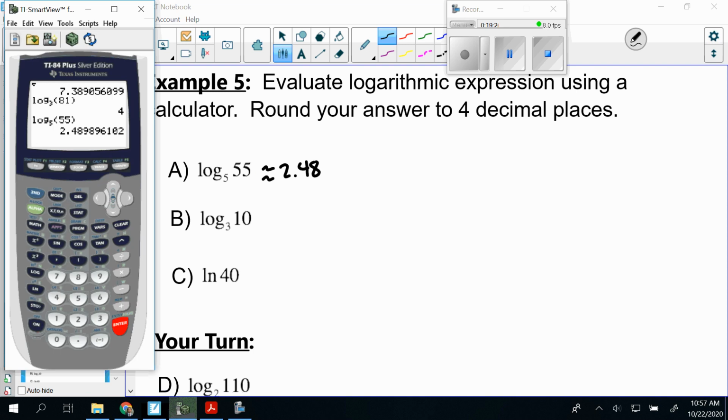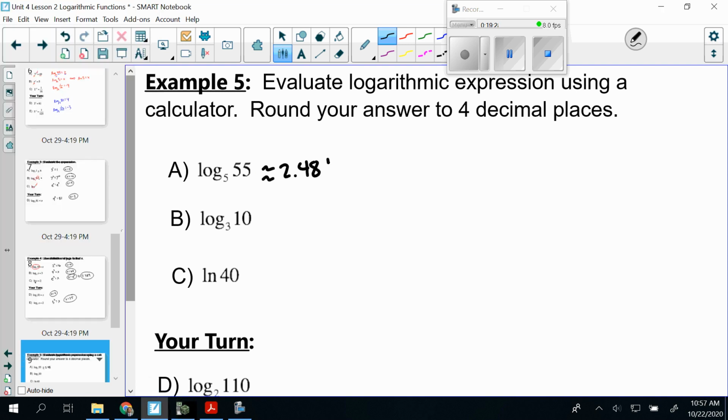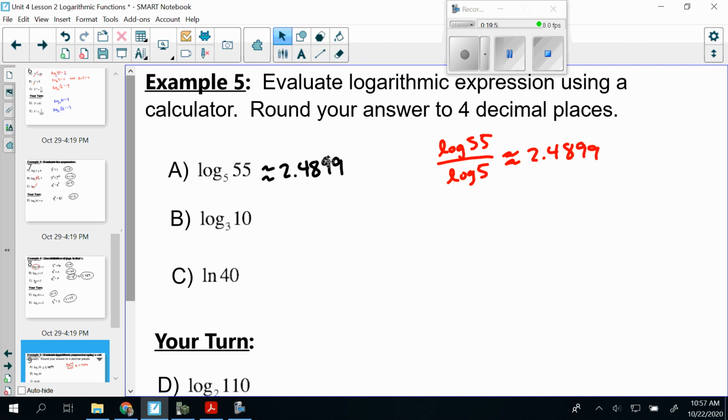What they want is 4 decimal places. So it looks like 9 if we round there. The other way to do that again, if you don't have that type of calculator that can type it in like that, is this should be equal to log of 55 over log 5, and if you type that in, it should give you the same approximation of 2.4899.